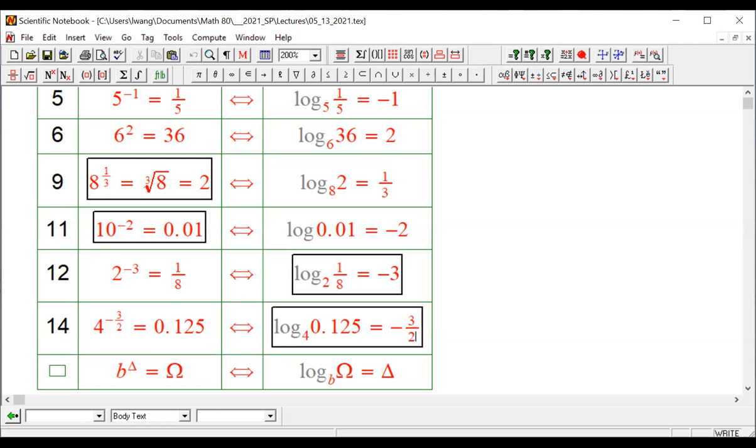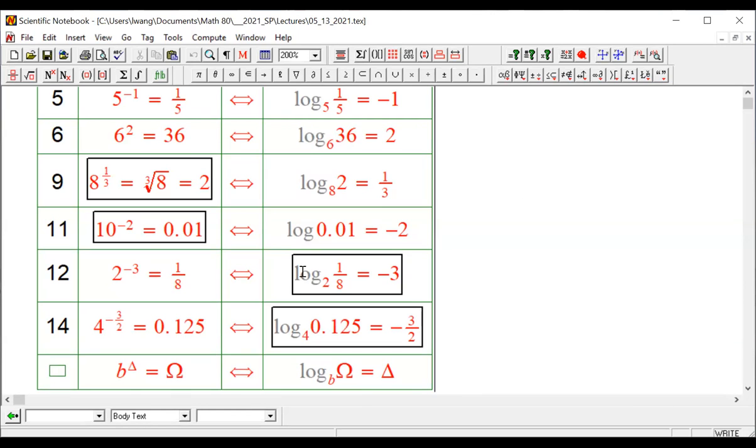So far, what we have seen is the transformation between exponential form and logarithm form. When you see exponential form, you should think of logarithm form. When you see logarithm form, you should think of exponential form. Logarithm and exponential are just two sides of the same coin, just different ways of saying it with different emphasis.